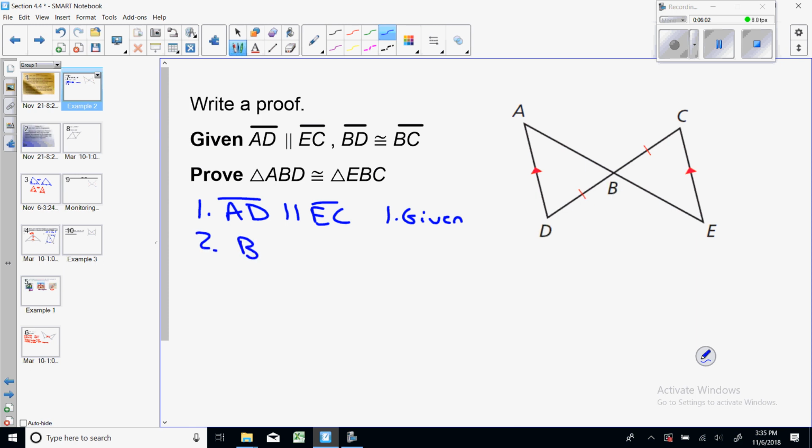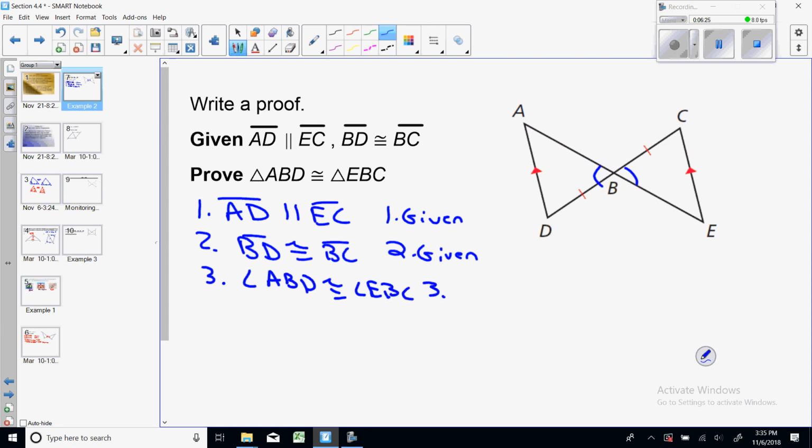We're also given in this picture that BD is congruent to BC. Now, depending upon how you label your angles, that's going to determine whether or not the triangles are congruent by ASA or AAS. I'm going to go ahead and use the vertical angles here at the center. So angle ABD is going to be congruent to angle EBC by the vertical angles theorem.